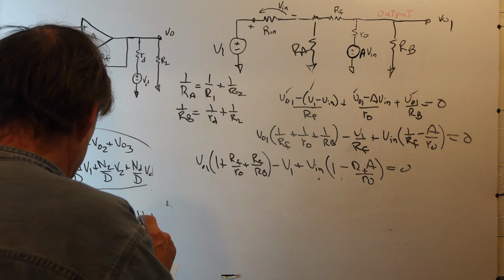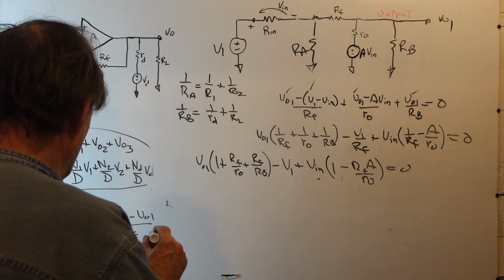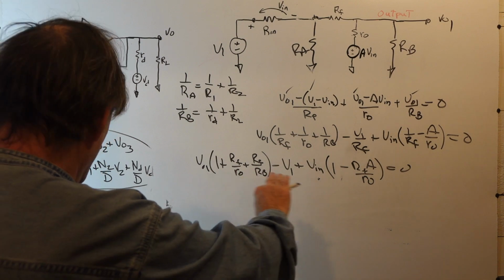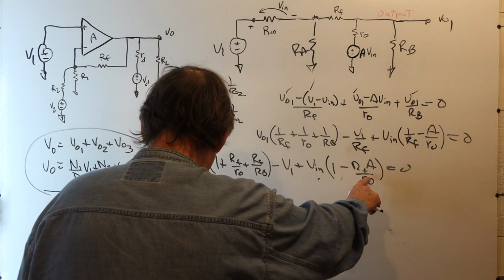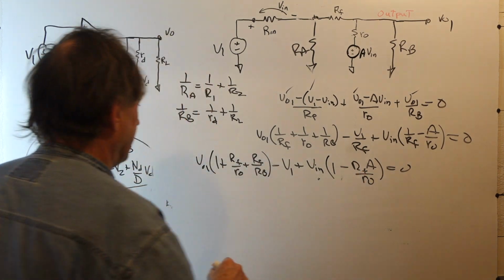Before I do that, I'm going to first multiply through by R0 divided by ARF.